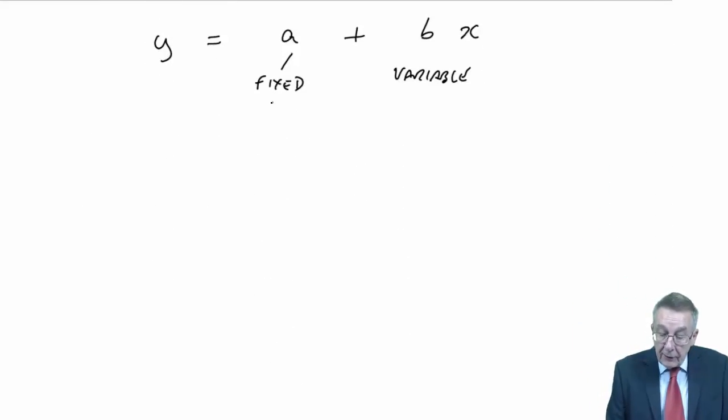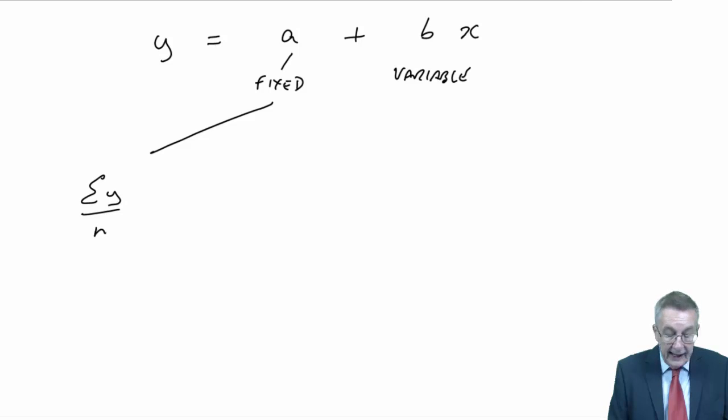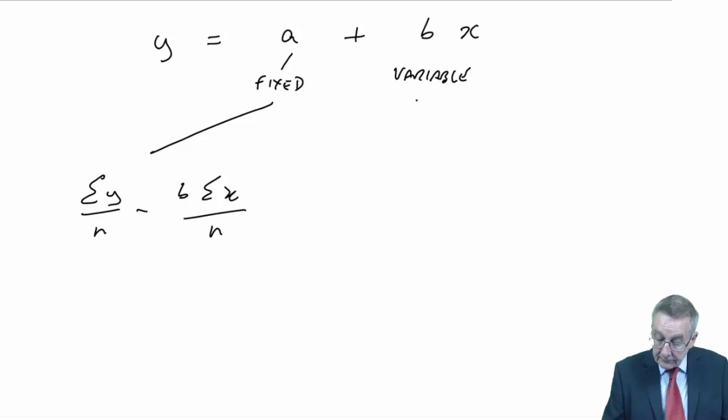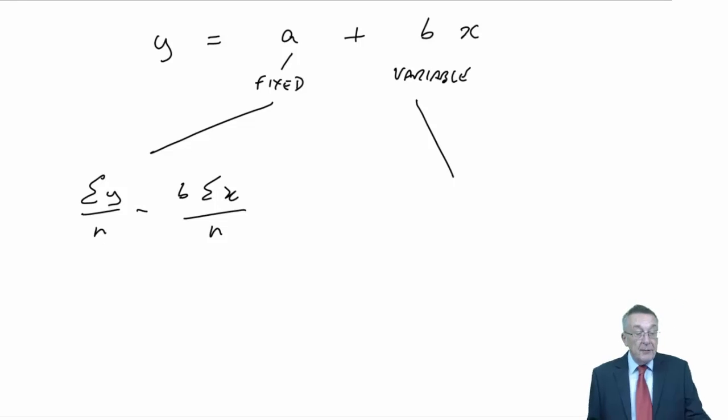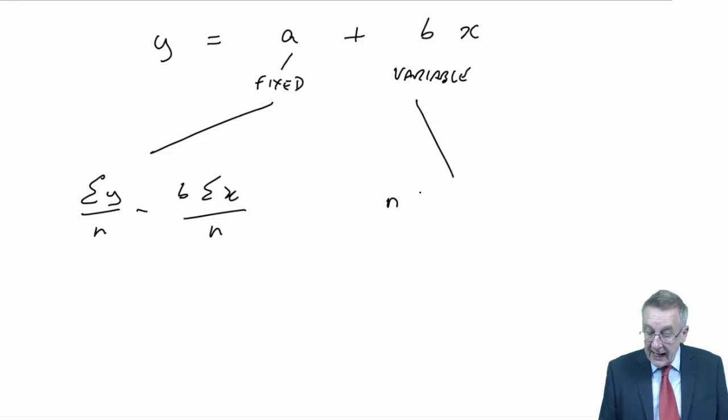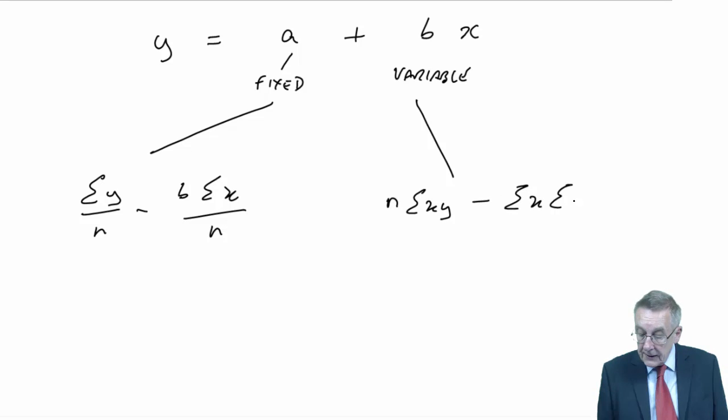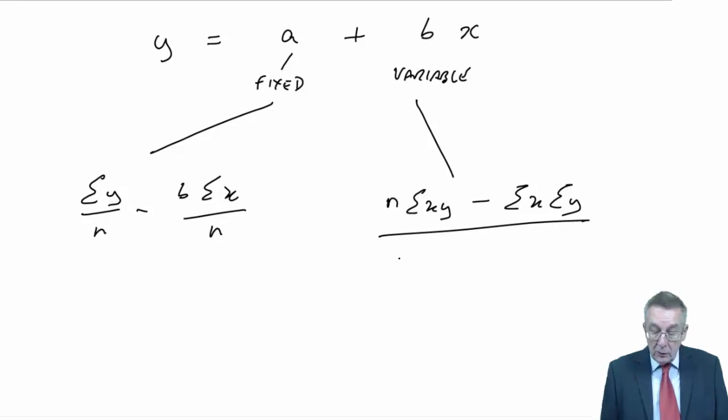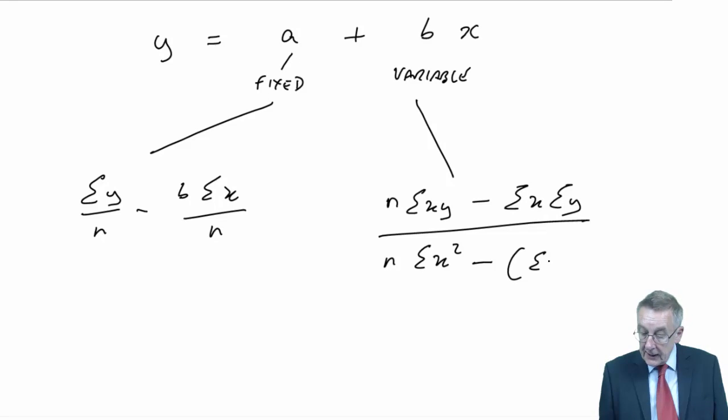As you can see, the formula for a is sigma y over n minus b sigma x over n. The formula for b looks awful, but it's n sigma xy minus sigma x times sigma y, over n sigma x squared minus sigma x all squared.